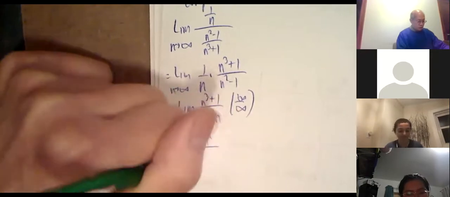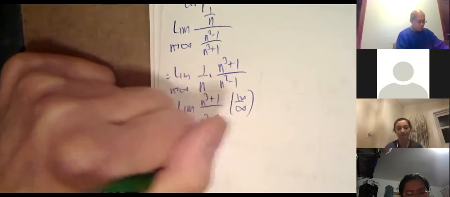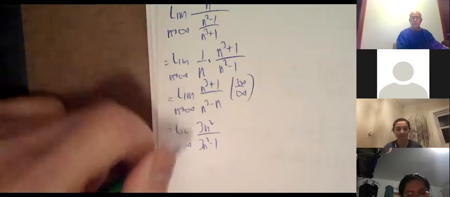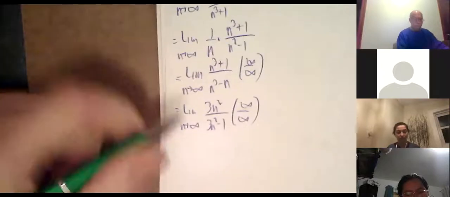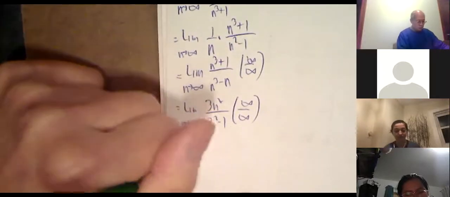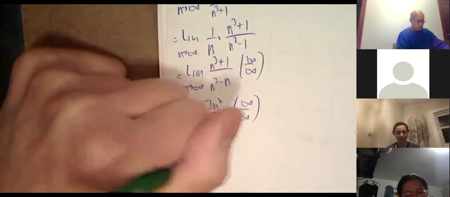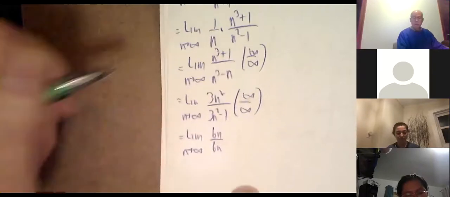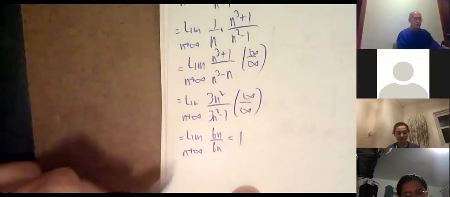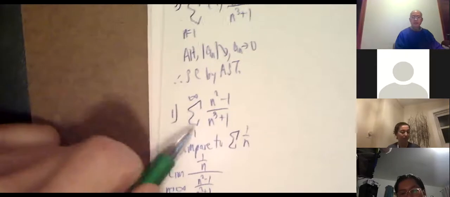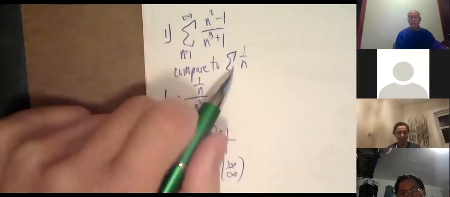3n squared over 3n squared minus 1. And you can do L'Hopital's rule again, since it's infinity over infinity. The limit as n approaches infinity of 6n over 6n, which is the limit of 1, or 1. So that proves that this series behaves like the harmonic series. And what do I know about the harmonic series?